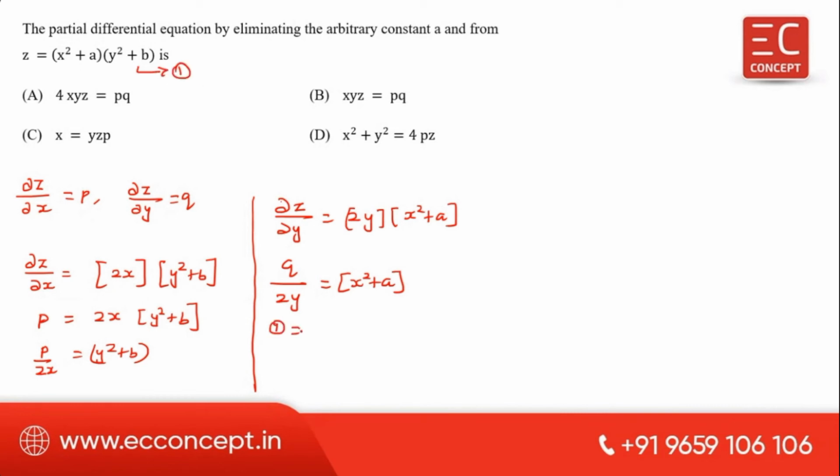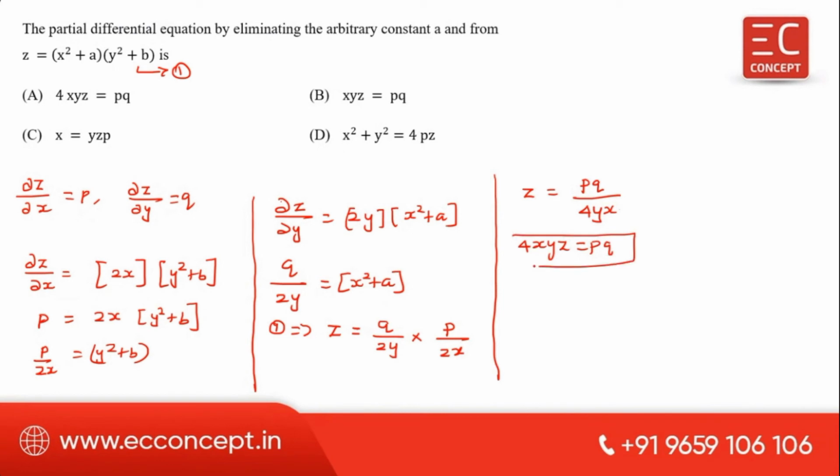Therefore, equation 1 implies z = (x² + a)(y² + b), where x² + a = q/2y and y² + b = p/2x. If we simplify this, z = pq/4xy. So further you can write 4xyz = pq.